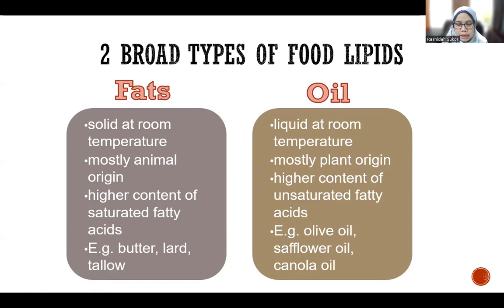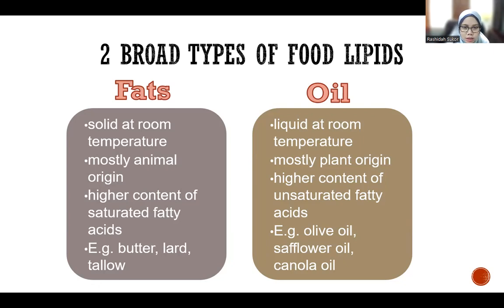During processing, the manufacturer can actually change the oil to become solid at room temperature. So that's why when you go to the supermarket and you want to buy a spread, butter or margarine that we want to put on the bread, right?